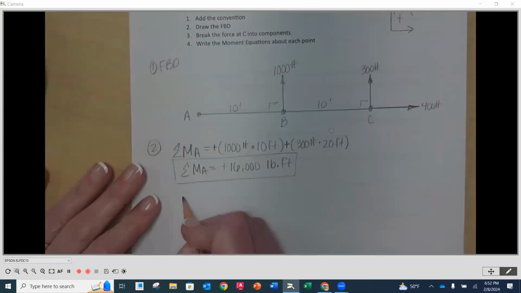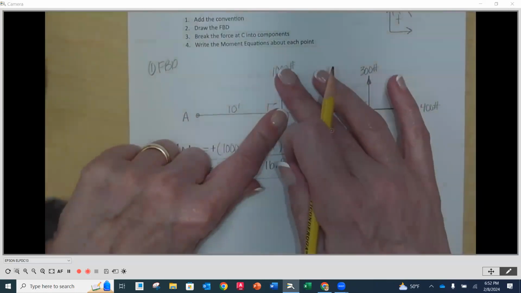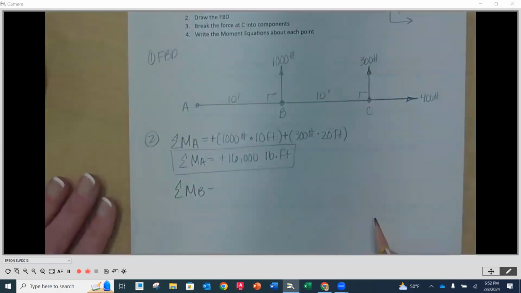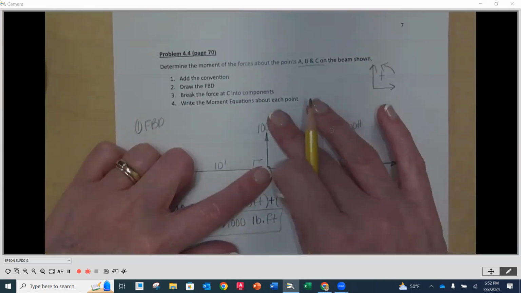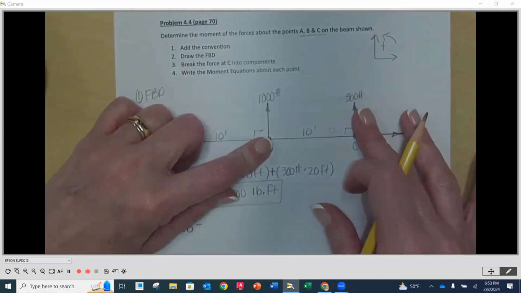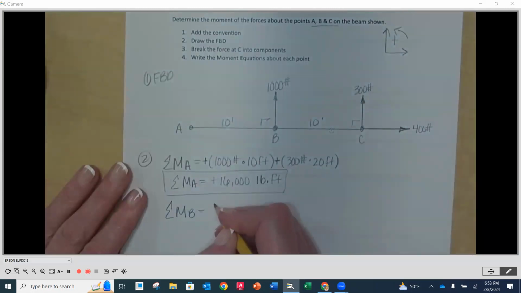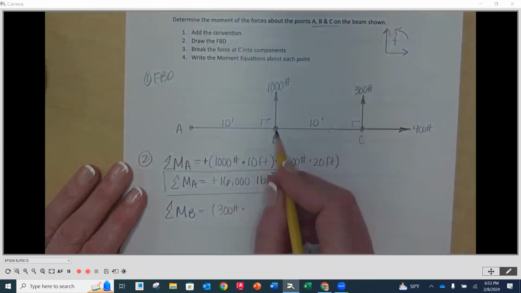All right. Sum the moments around point B. So now I'm going to put my finger here. I'm going to pull on the 1,000 pounds. Does that cause a rotation? Nope. So I don't include it. Move along. The 300 will cause rotation. So that's going to be 300 out front times the perpendicular distance between B and C, which is 10 feet.